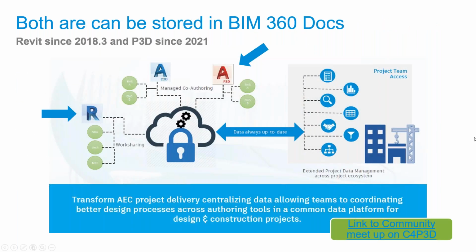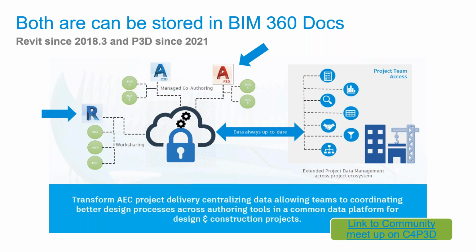Okay. And if you move on, this is just a quick scheme to show you how both are stored within BIM 360 Docs. Now you have the ability to have those solutions, not only Plant 3D and Revit. Here you can see also Autodesk Civil 3D, and you can store it in one single repository, which is BIM 360 Docs, and that's the main game changer here.